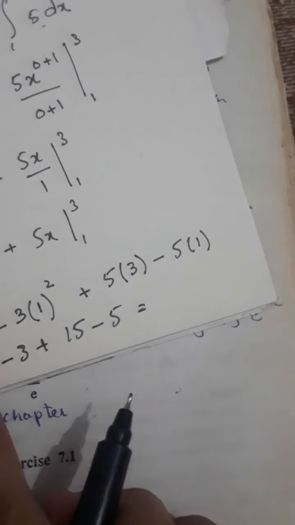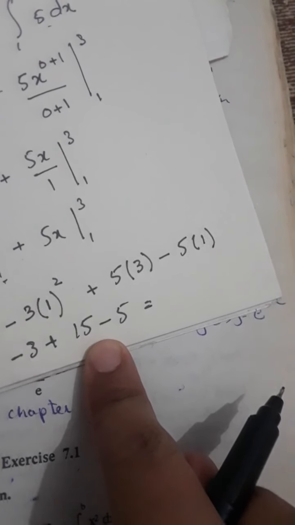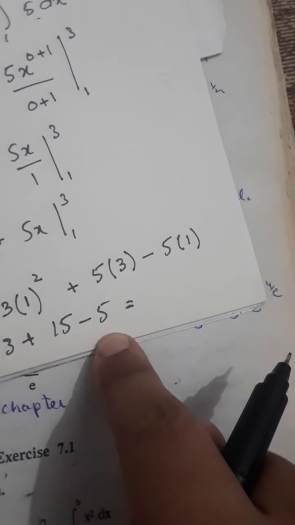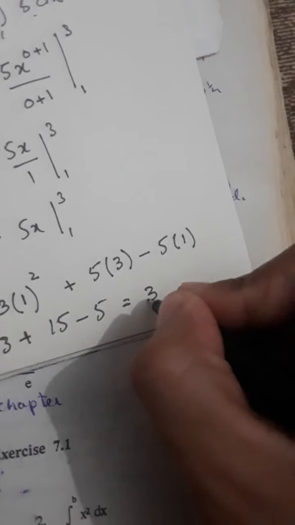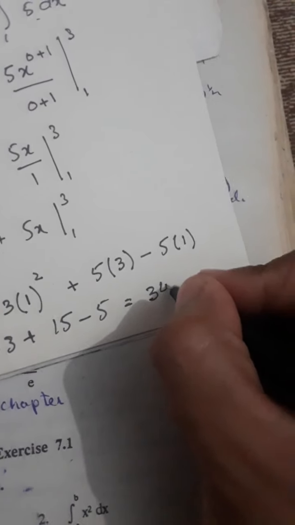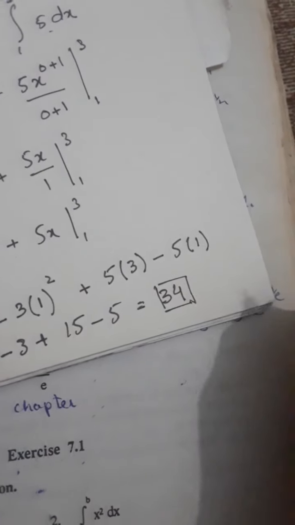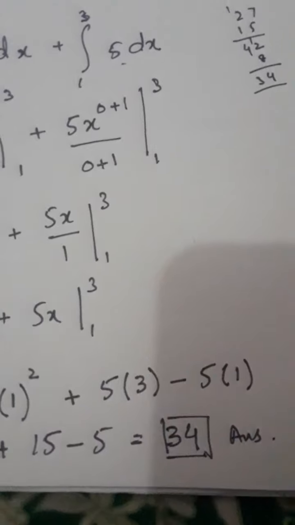So this is going to give me 27 plus 15, which is 42. 42 minus 8 is 34, I guess. So this has given me the answer. So 34 is our answer.